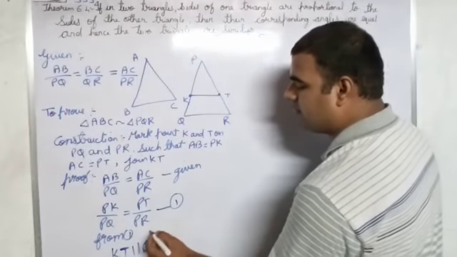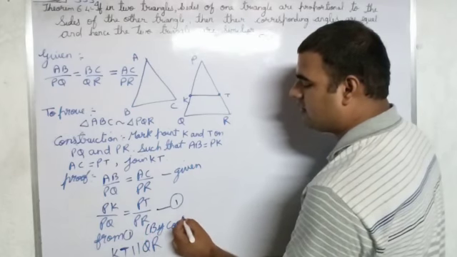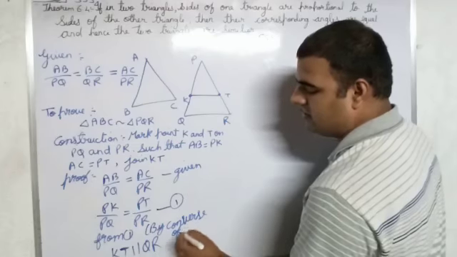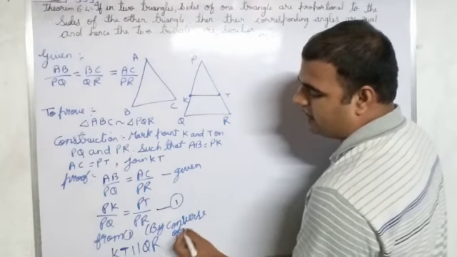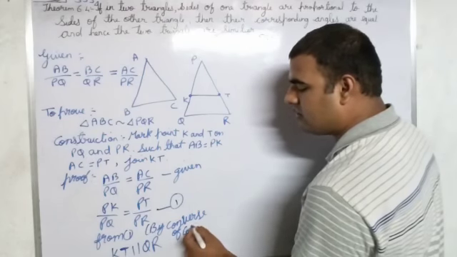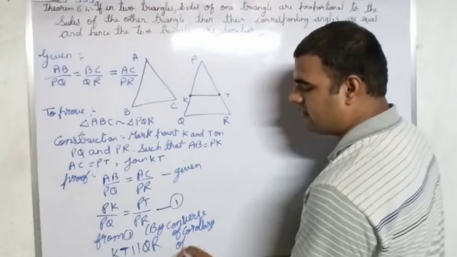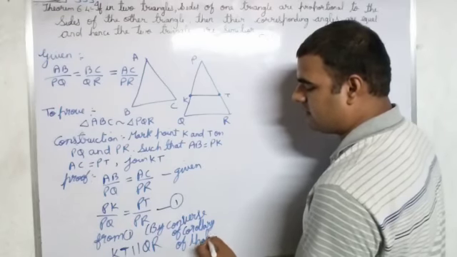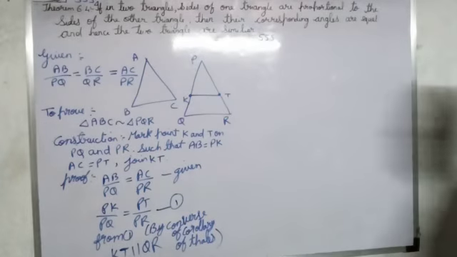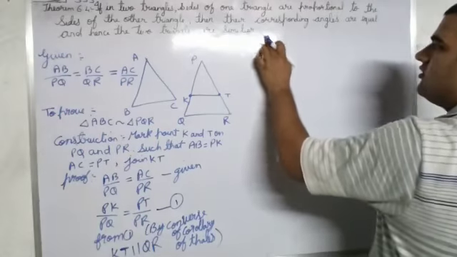Reason? By the converse of Thales theorem. Okay, converse of the corollary of Thales. I can say it like this. Corollary will also have a converse, right?